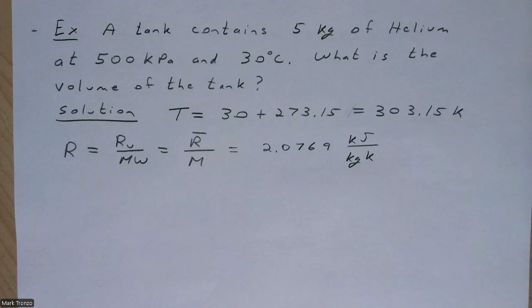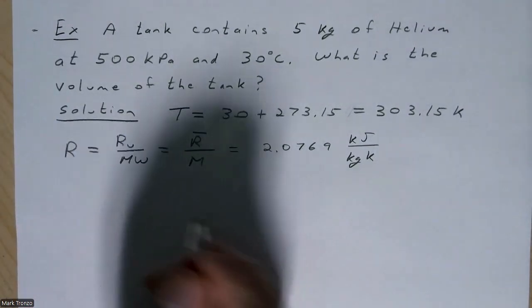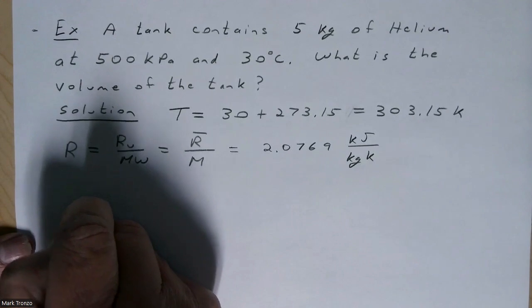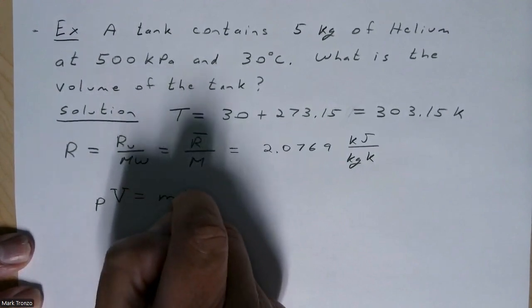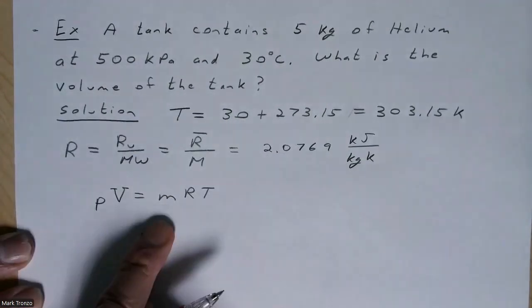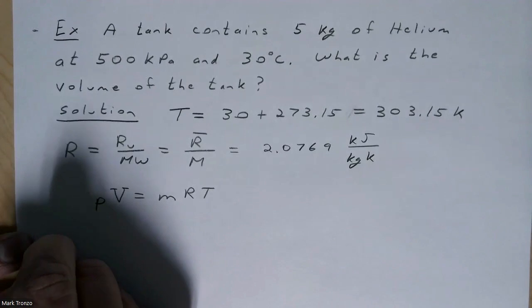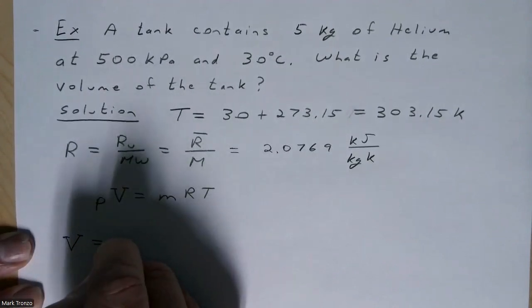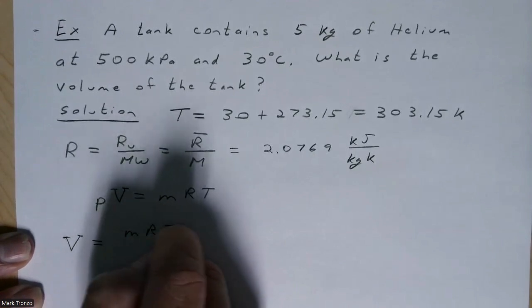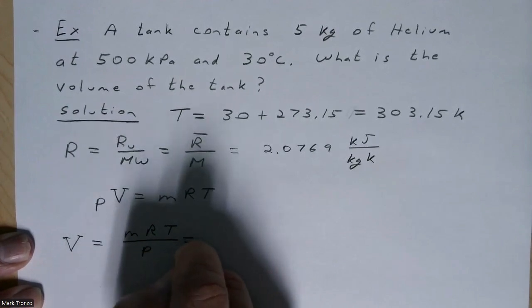Now, we can apply the ideal gas law. I guess we have everything we need. So we want PV equal MRT. And now we want to find the volume, so we'll have to solve for V. Like this.